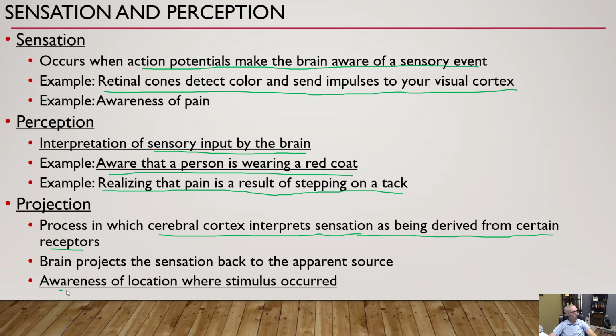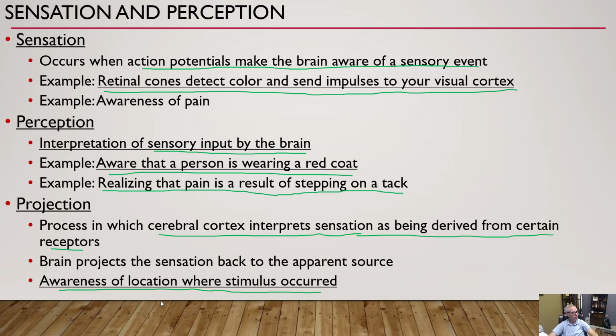Now you are aware of the location where that stimulus occurred. That person is no longer in your periphery. You've turned your head and you can see that person's 30 feet away. It's a female with blonde hair, and they are wearing a red coat and they're about 30 feet away. So you're fully aware of that stimulus.